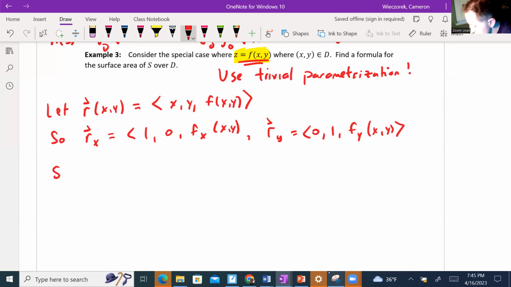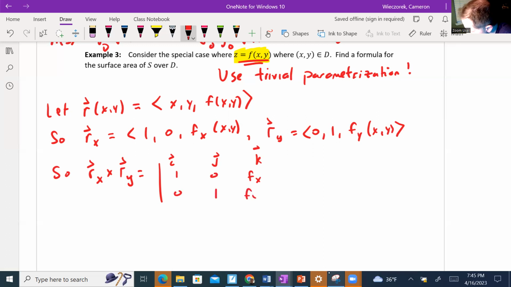Taking our cross product, r_x cross r_y, get i, j, k; 1, 0, f_x; 0, 1, f_y. And so we get, let's see, cross off first row, first column, we get 0 minus f_x times 1, so negative f_x.